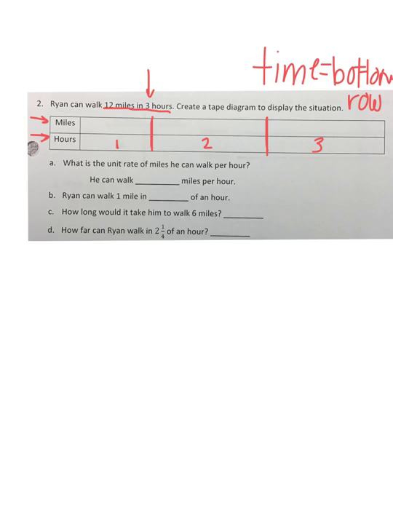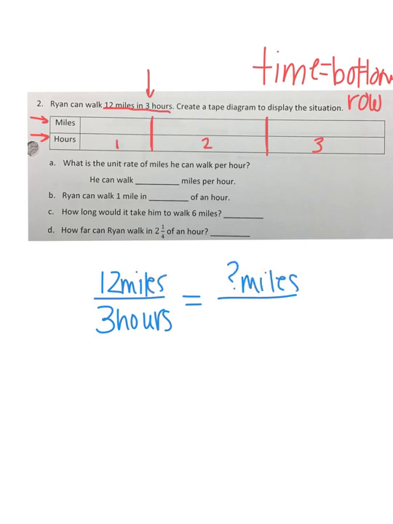In order to figure out how many miles I can walk in 1 hour, my unit rate, I need to set up a proportion. So remember, hours are on the bottom. 3 hours, 12 miles. And I'm trying to figure out how many miles I can walk in 1 hour.